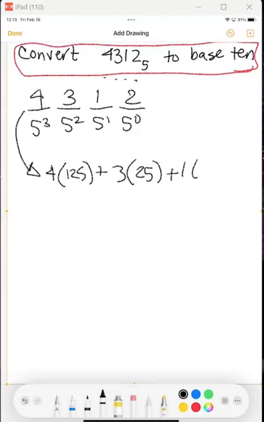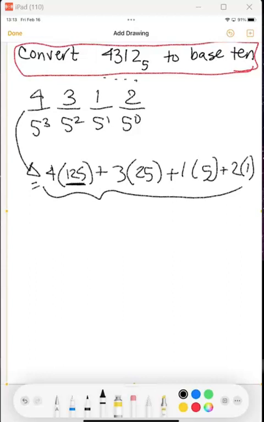I have 1 five, that's 5 to the 1st power, and I have 2 five to the 0th power. Now that I've multiplied it out, this is base 10. I can say 125 here, I can say 25, I can say 5.